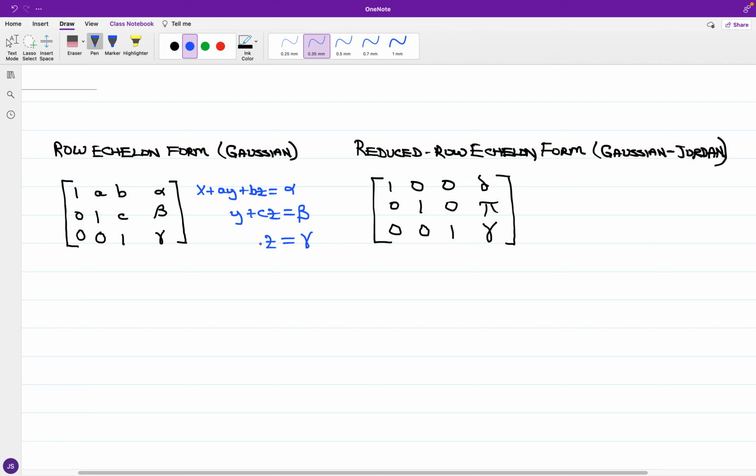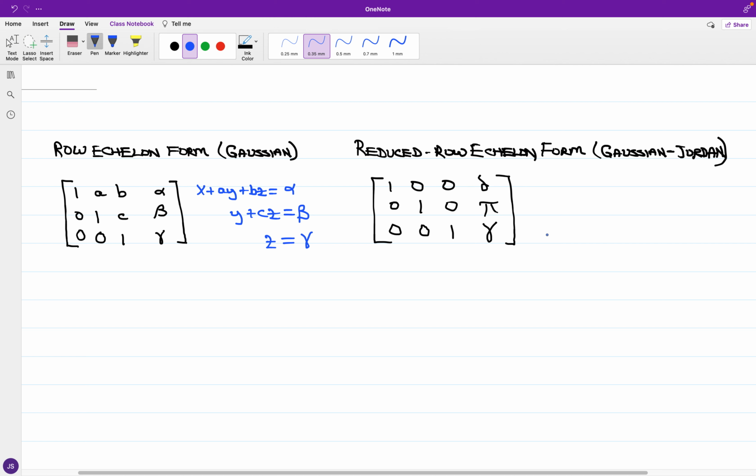And if I were to perform reduced row echelon form, this is where you have only the non-negligible coefficient in the first row for x, the second row only for y, and the last row only for z.